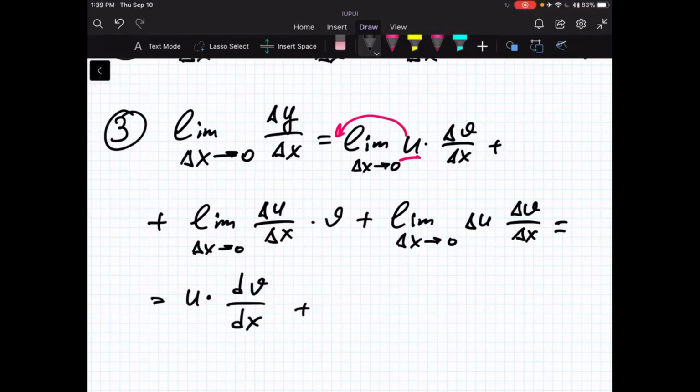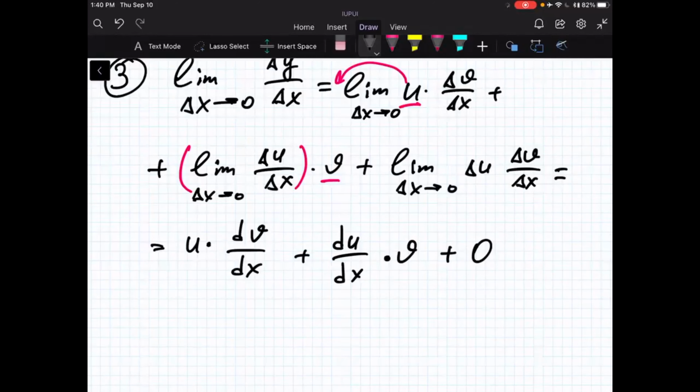And the same story happens here. v doesn't depend on delta x, so I can consider just this limit, and this is by the definition derivative of u. So it's du over dx times v, and plus this one, and I will show you that it is going to be 0.